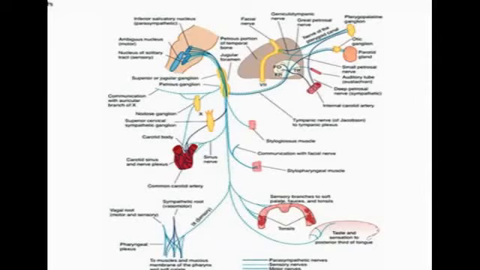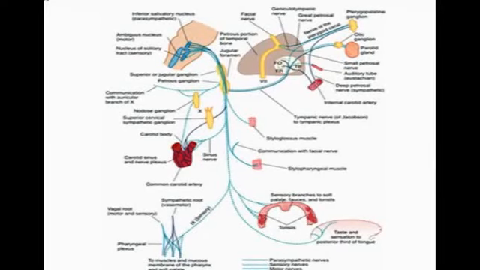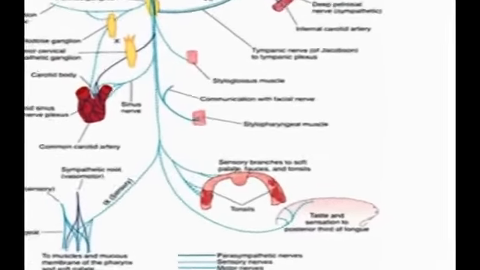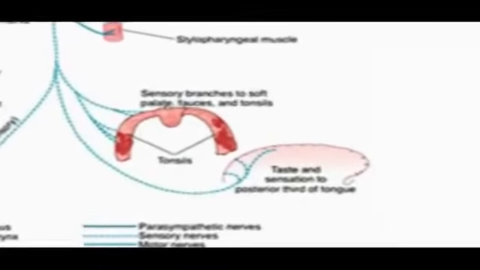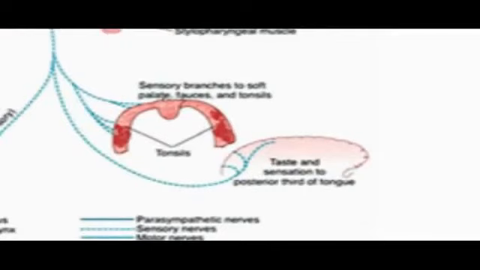Okay, thank you. For that slide, I want to show you again, it is a complicated picture for you. It's more medical, but just see, please, on the right bottom of the picture, it is written sensory branch to soft palate, face, and tonsils. And in front of that is your tongue.